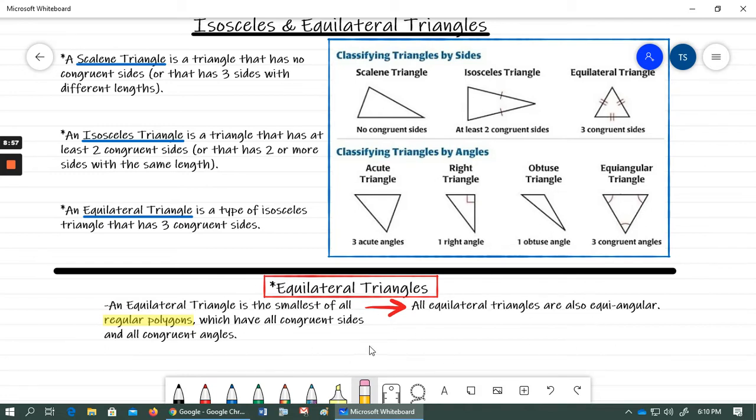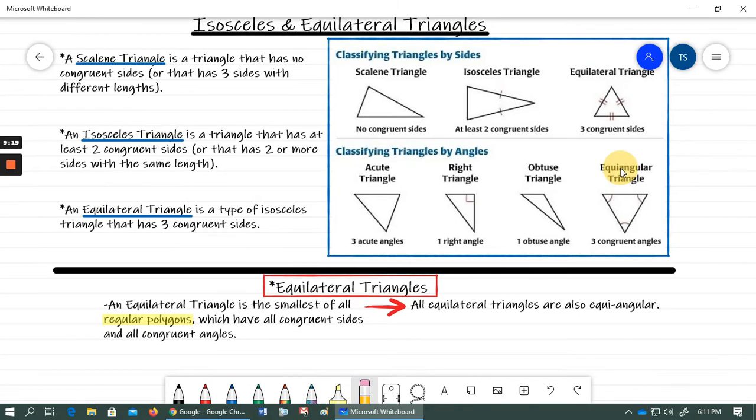If an equilateral triangle is a regular polygon, what that means, folks, is that all equilateral triangles, because they're regular, have all congruent sides and all congruent angles. All equilateral triangles are also equiangular.